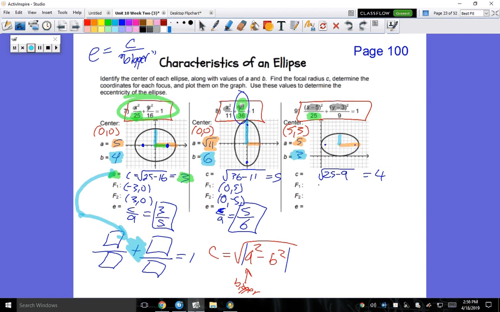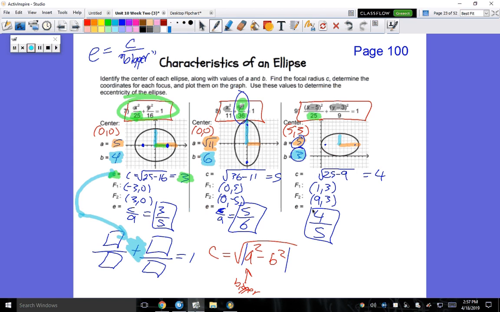So that I get 1, 3, and 9, 3. Whoops. 9, 3 is the other foci. Okay? And again, just like Gabe said, we're going to do E is equal to C, which is that 4 that we solved, over the bigger one. Okay, so the bigger one between A and B is 5, so it would give me 4/5. So the eccentricity is 4/5.